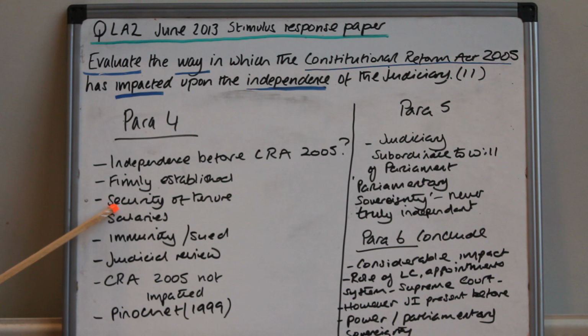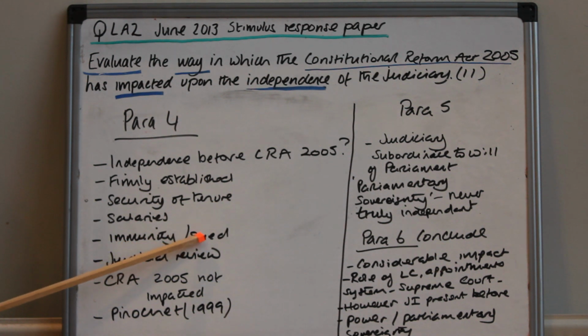In other words, other bodies couldn't actually and can't remove judges from their positions. Their salaries are protected and don't have to be approved by Parliament, which is the case in quite a lot of state bodies. They have immunity when they're actually fulfilling their role, so they can't be sued for their actions.